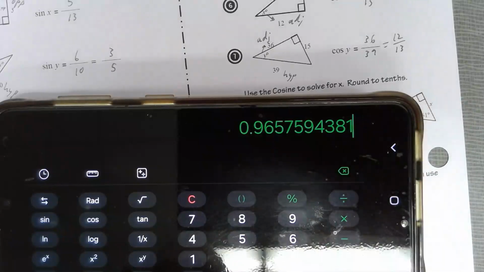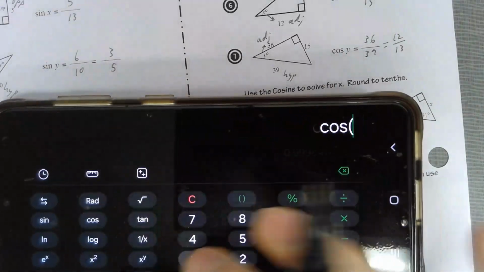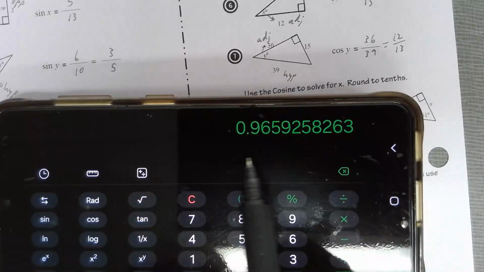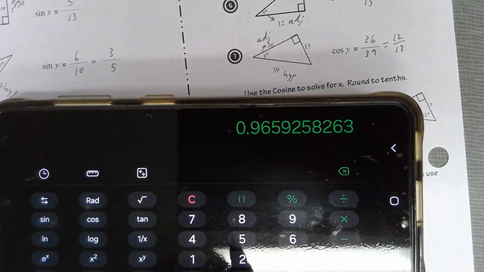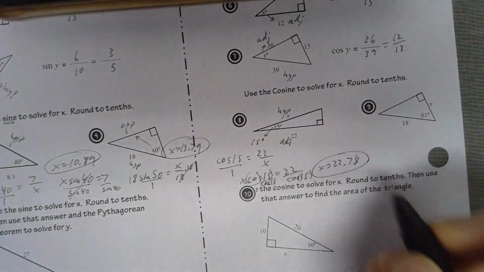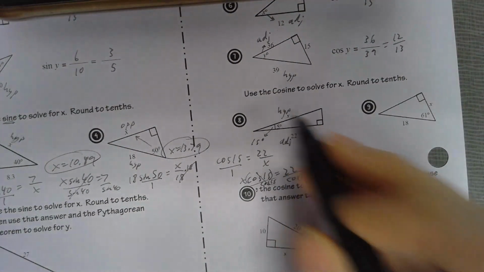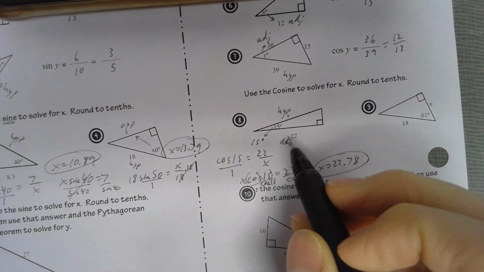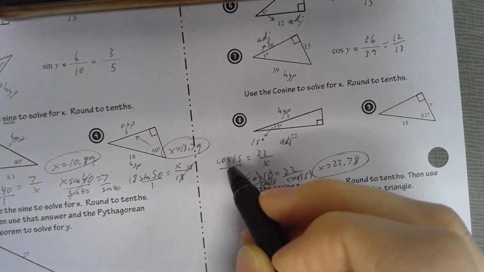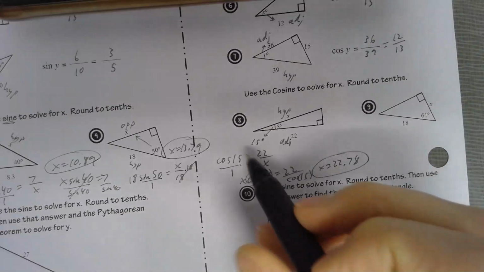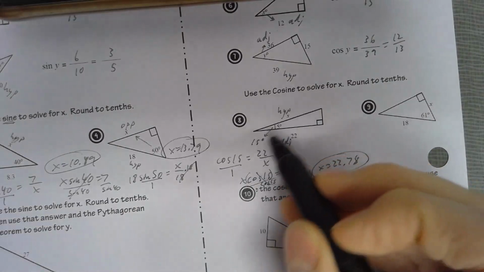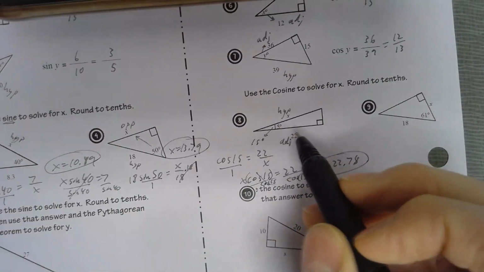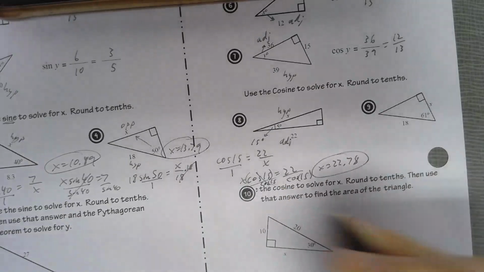And if I type in the cosine of 15, I also get 0.97. So I've found the correct hypotenuse here. The ratio of those sides is the cosine of 15. The ratio of adjacent to hypotenuse in any right triangle that has that 15-degree angle.